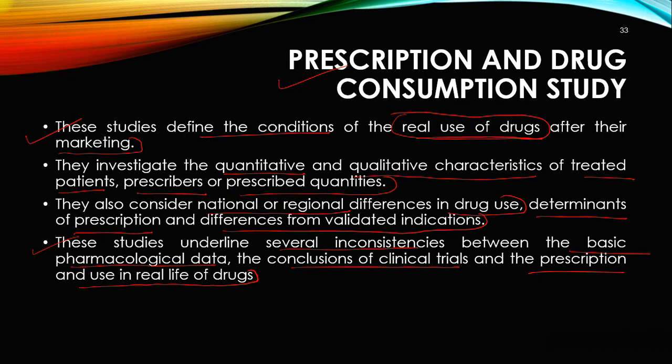But that is not true in case of the real life situation, because in a real life situation the conditions may vary from place to place or person to person. So the prescription and use of drugs in real life differs from that of the clinical trials.